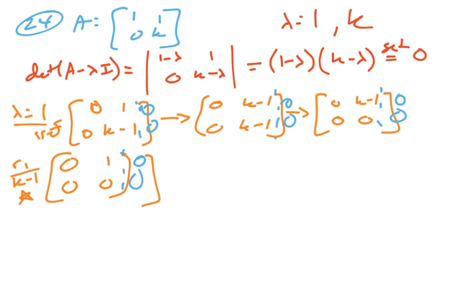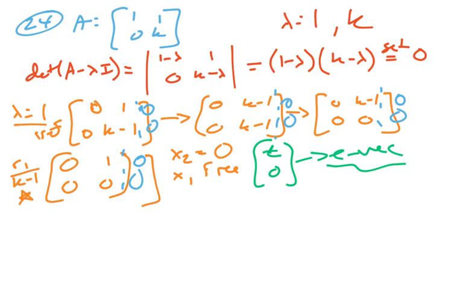So it's saying x2 is 0, and then x1 is free. Basically any vector of the form (t, 0) is an eigenvector here. All that work just to get to that. So anything like that would be an eigenvector for 1.